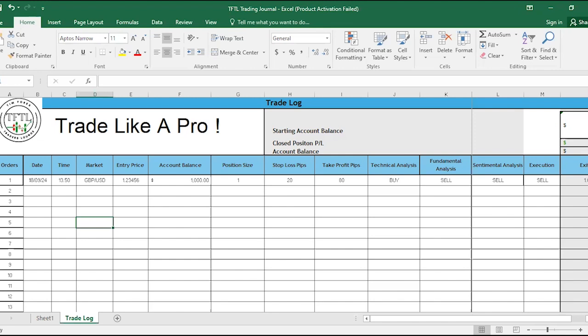So I will take you through how to log these trades. As you can see here, we have the number of trades, maybe the trade order number. So let's say, for instance, on 18th September, we had a trade. We can write the date there. Then the time we took that trade, which is very important.